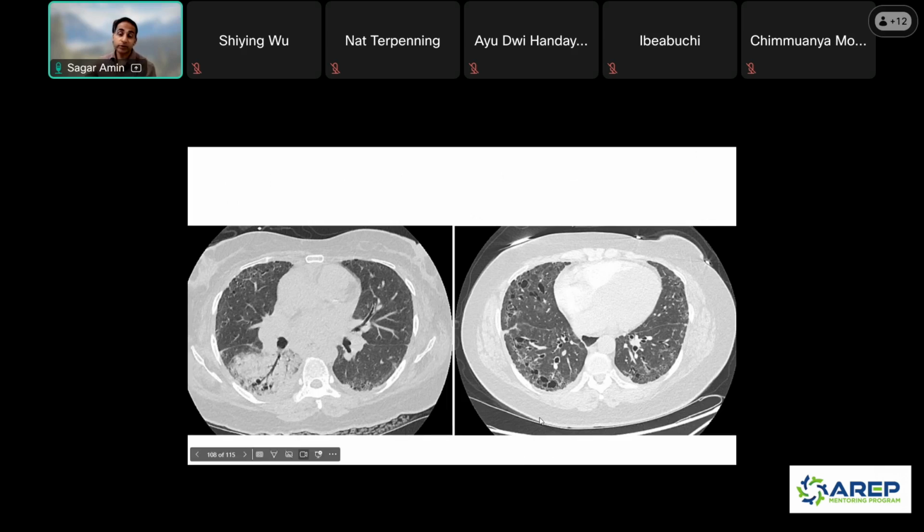Because the treatment's different, right? If you have UIP or some sort of autoimmune disease and there's more of a pneumonitis from the underlying autoimmune cause, then you might treat it with steroids. You might change their treatment as opposed to treating them with just antibiotics if it was a pneumonia. So it's an important distinction to make.